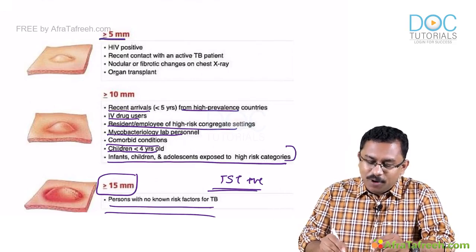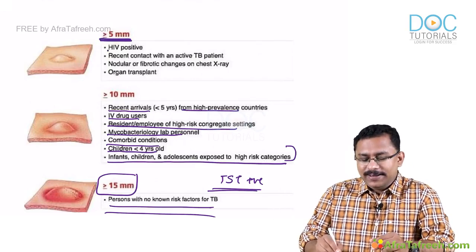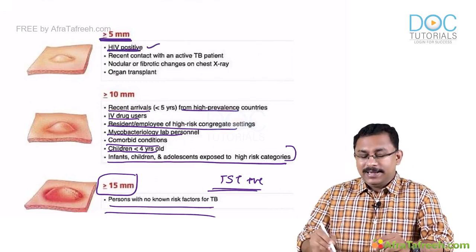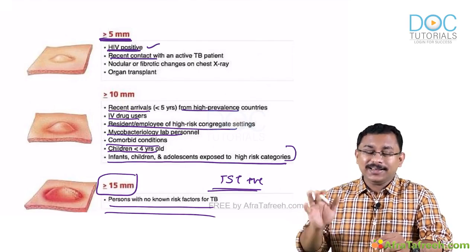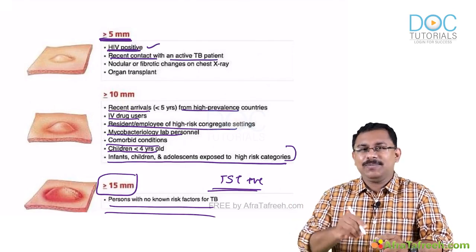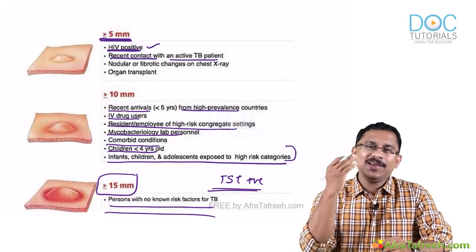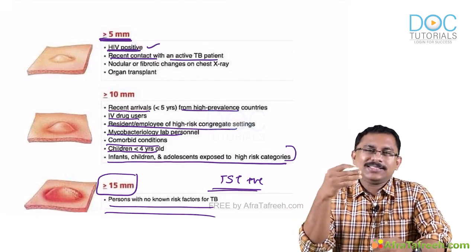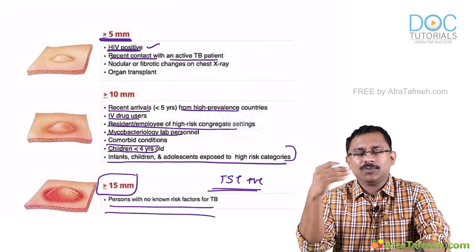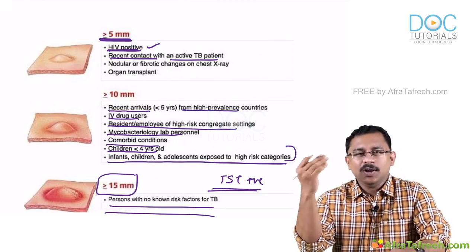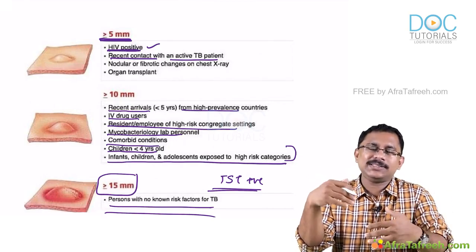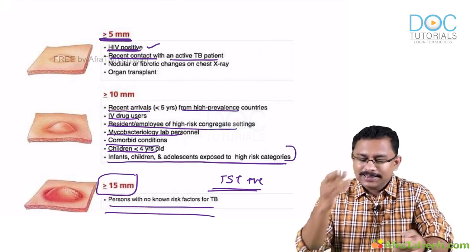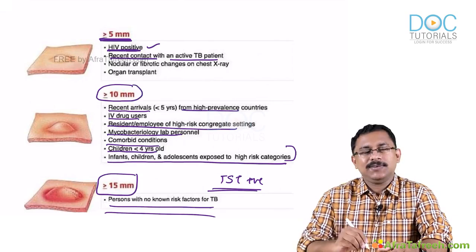So above 5 millimeter, when it is HIV positive and a recent contact, okay, not just any contact, a recent contact with an active TB patient. So if suppose a person's father was a case of tuberculosis long back, and this particular person is now staying somewhere else, then about 10 millimeter is the positivity.